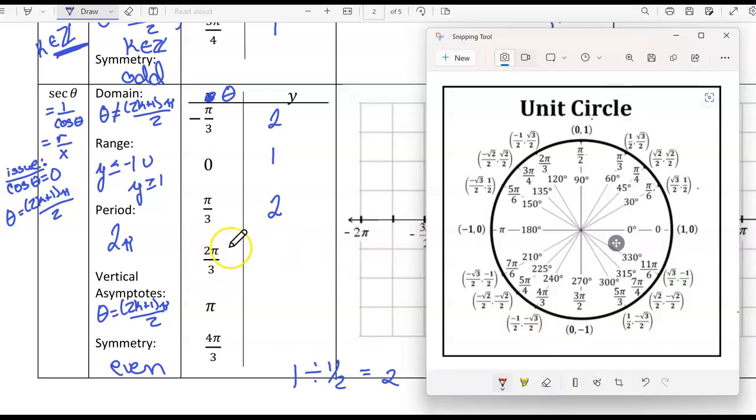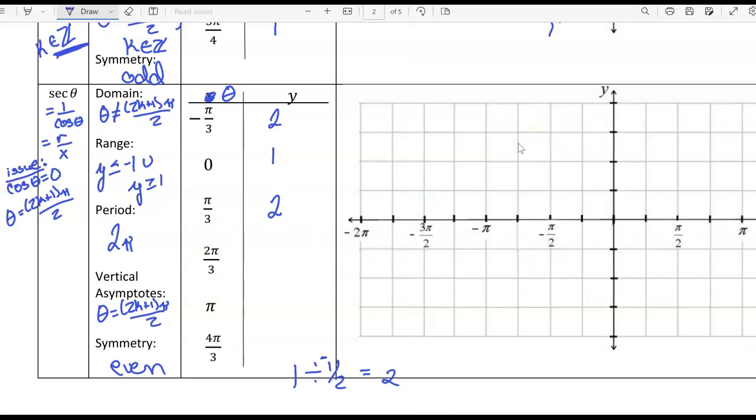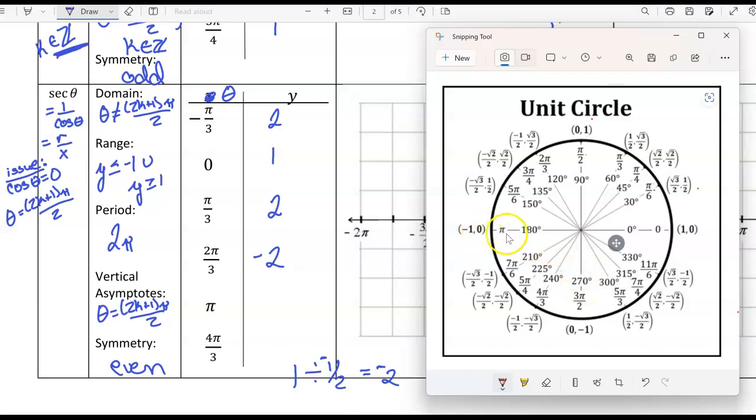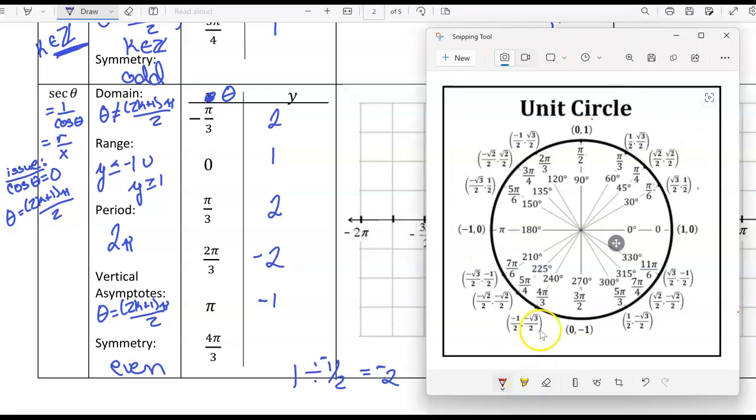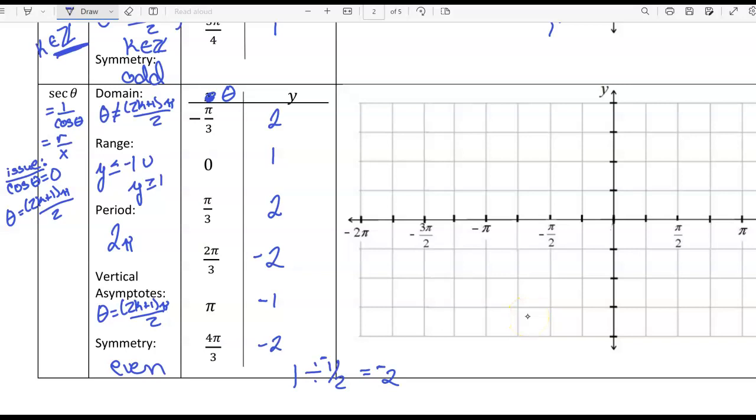And then at 2 pi over 3, I'm going to have 1 divided by -1/2, so that's going to be a -2. Now I'm at pi. 1 divided by -1 is a -1. And then I'm at 4 pi over 3. 1 divided by -1/2 would be a -2. So there are my points.